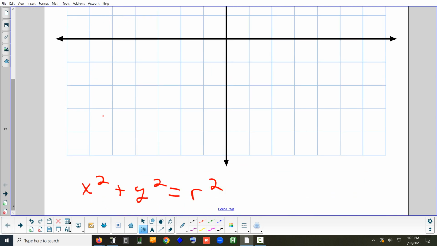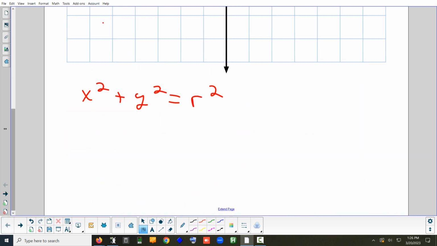Okay, so first of all, I said I'm going to pick a number for the radius. I'm going to make it 3 units for the radius. So my equation is going to be x squared plus y squared equals 9. Now, if I want to put that on the graphing calculator, what letter has to be by itself? Yep, y, right?